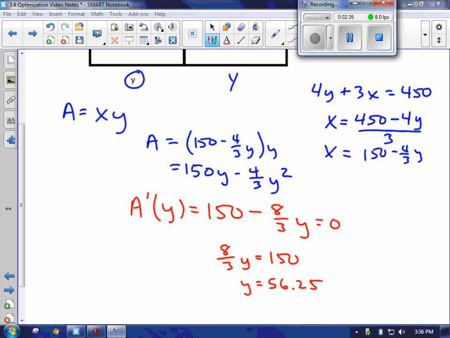Alright, when you take the derivative and set equal to 0, this is pretty straightforward. You should get that y is equal to 56.25. Now, in the first optimization, when we looked at the calculator and we talked about the decimal places, here, when you found this, it actually was a round 0.25. It wasn't 0.25003 and so forth.